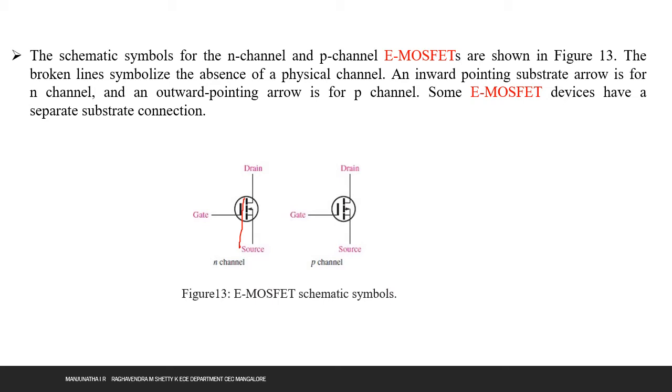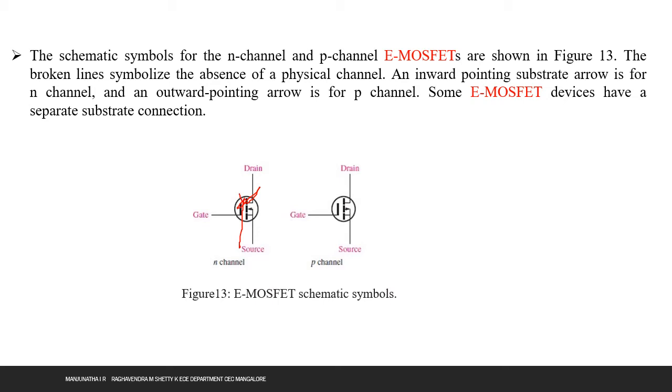We are going to create, or enhance, the channel. Before that it does not have any channel, so there is a space here, and the gate is not having connections.